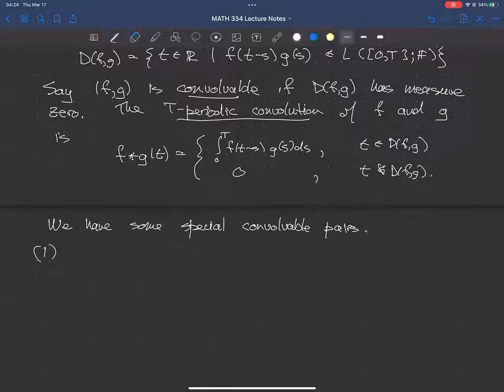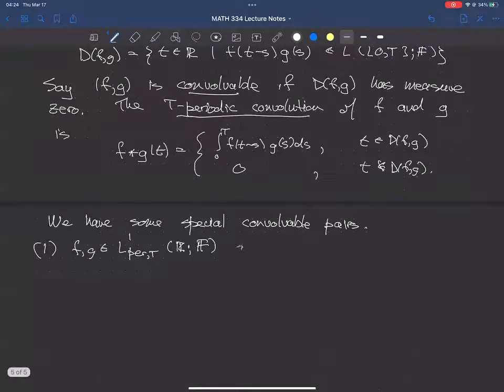The first case is when F and G are in L1 of period T. In that case, they're convolvable. So as long as F and G are in L1, then they're convolvable. And just as in the aperiodic case, the convolution is in L1.